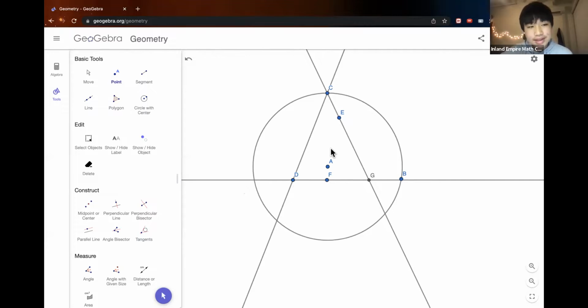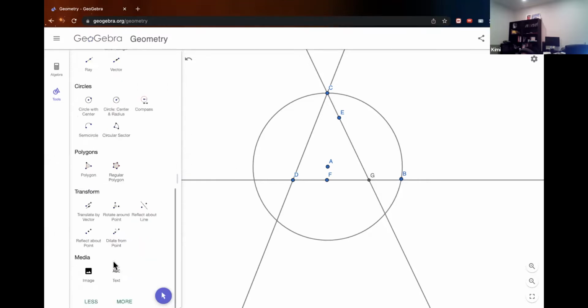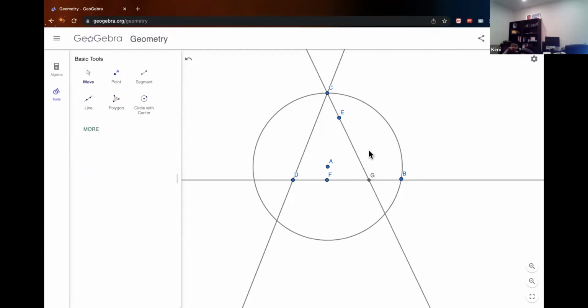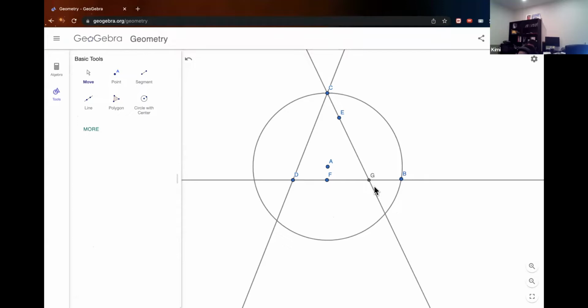But let's think about what properties a circle can have. I think I know how to fix it. If we put the D, F, G, B, that line, B, F, G, D, that line that has all of them, put it down till it touches the base of the circle. What I mean by base is right here.